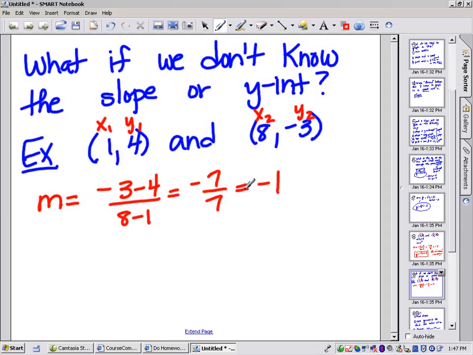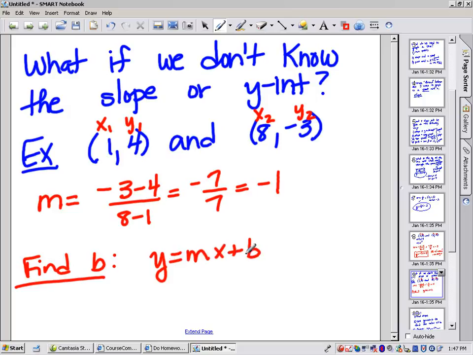So now that we know that, we need to find b. Well, to find b, we can use our y equals mx plus b, because we know two points, so those can be our values of x and y, and we know the slope. So here you're going to plug in for x, y, and m, and then solve for b. It doesn't matter which point you use.